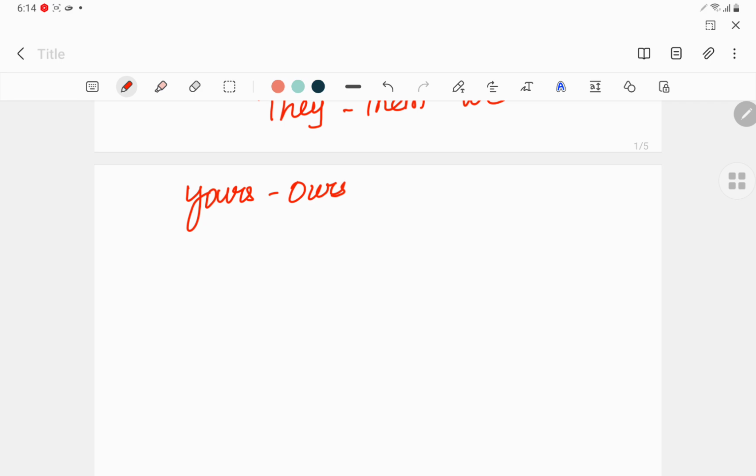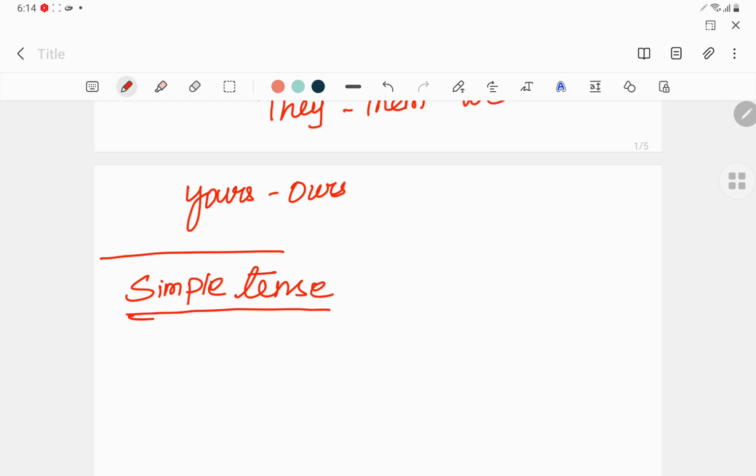And then the first tense is the simple tense. If you have any sentence in a simple tense, now we are going to see how it will change.